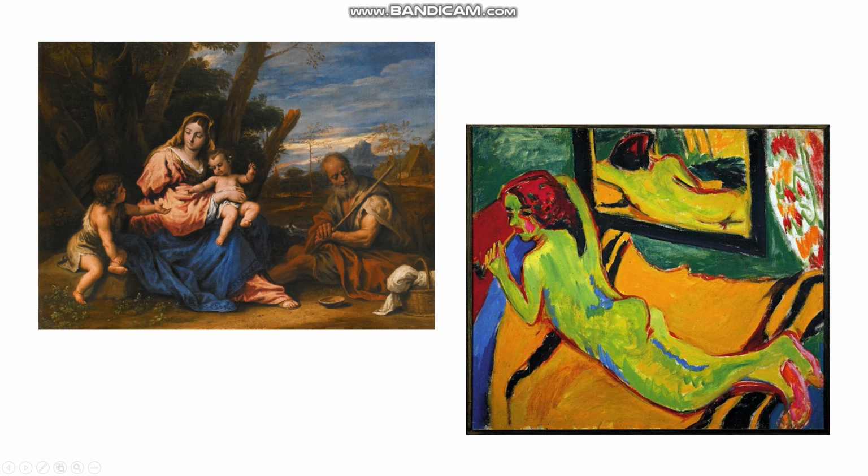One of the clear differences between these two paintings is how they think about line and shape as well as color. The Kirchner is much more upfront and straightforward about the fact that these are just shapes, right?